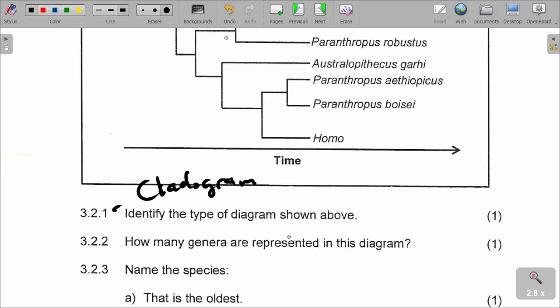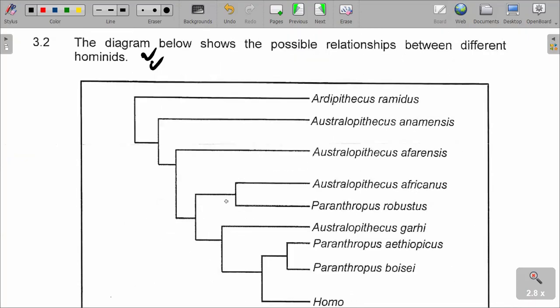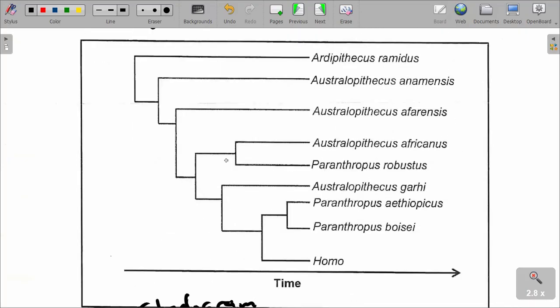How many genera are represented in the diagram? We just count the labels. We have Ardipithecus, we have Australopithecus, Africanus and Afarensis, all of them under Australopithecus.